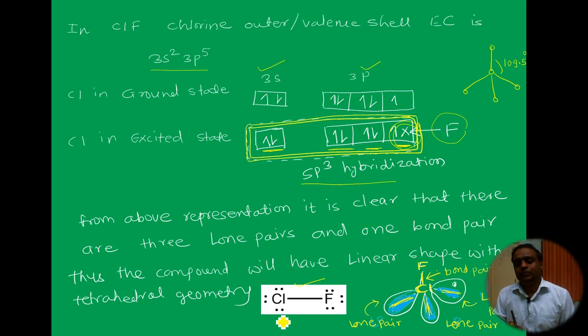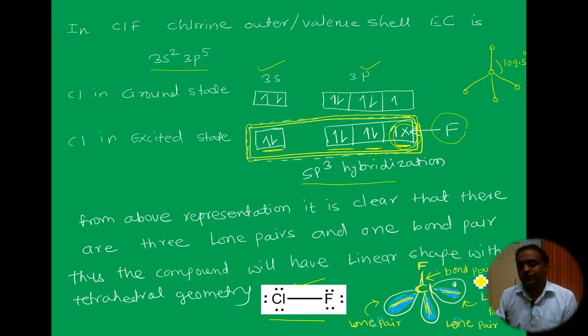It is a linear molecule. Right? And thus, the angle between fluorine and chlorine, of course, is 180 because this is only a diatomic molecule. So there is no question about the bond angle between fluorine and chlorine. It must be 180.